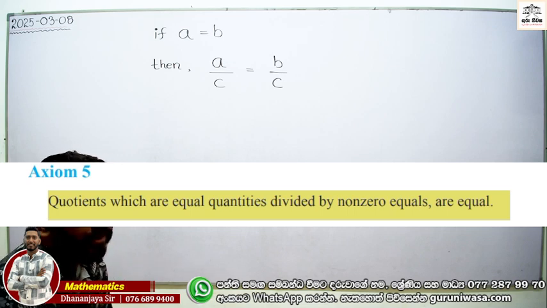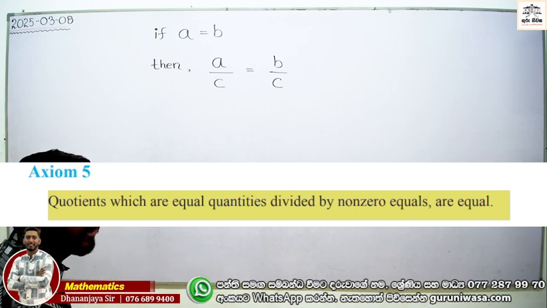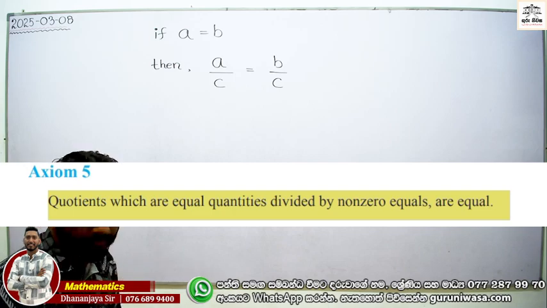Quantities which are equal, divided by non-zero equals, are equal.